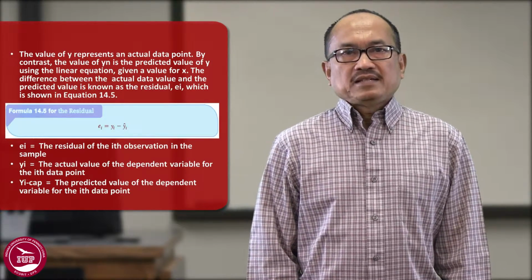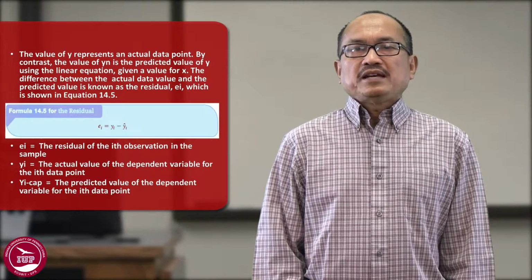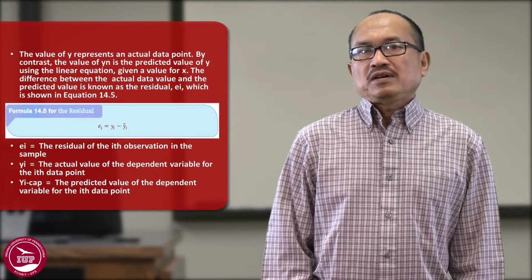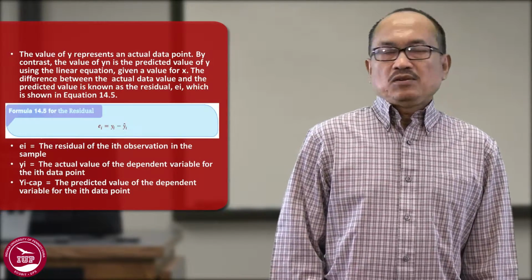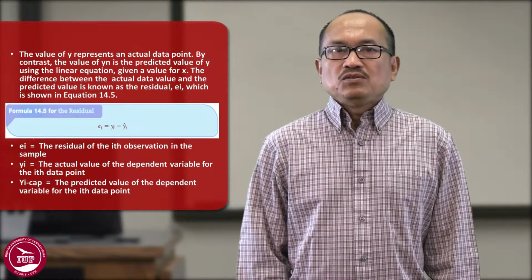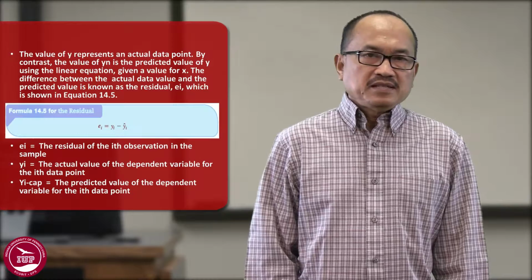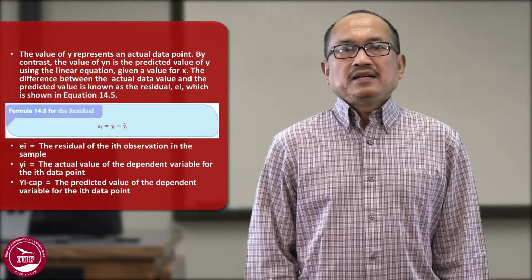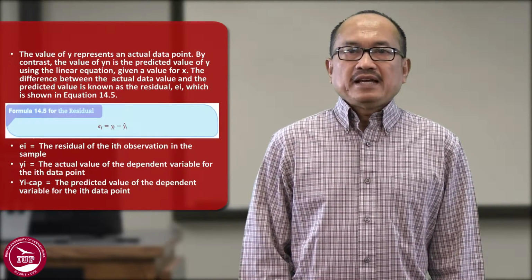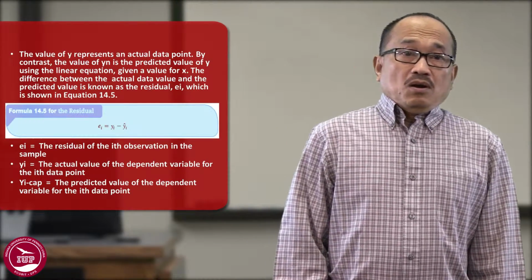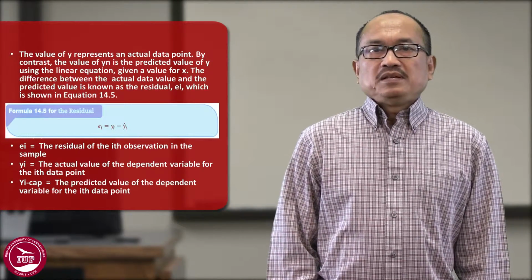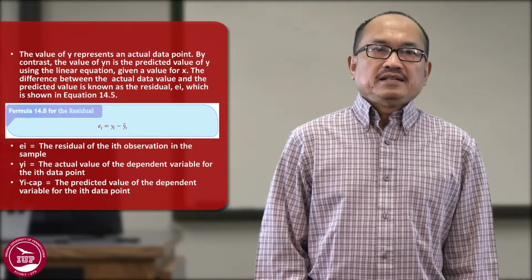Given a value of x, the difference between the actual data value and the predicted value is known as the residual, or ei, which is shown in equation 14.5, where ei is the residual of the ith observation in the sample. yi is the actual value of the dependent variable for the ith data point. ŷi is the predicted value of the dependent variable for the ith data point.